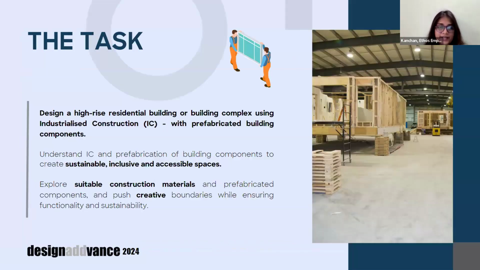So coming to the design task, you have to design a high-rise residential building or building complex using industrialized construction with prefabricated building components. In order to design like this, you have to understand industrialized construction and prefabrication of building components to create sustainable, inclusive, and accessible spaces. And you have to also explore the suitable construction materials and prefabricated components, right?